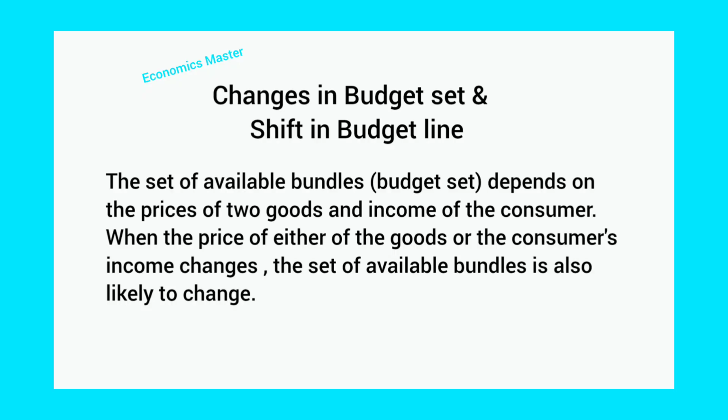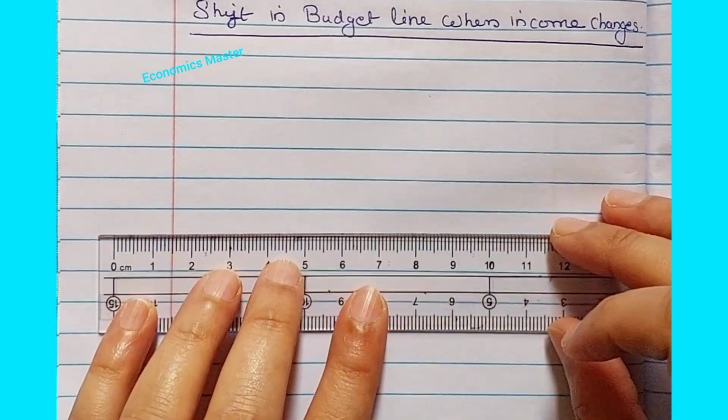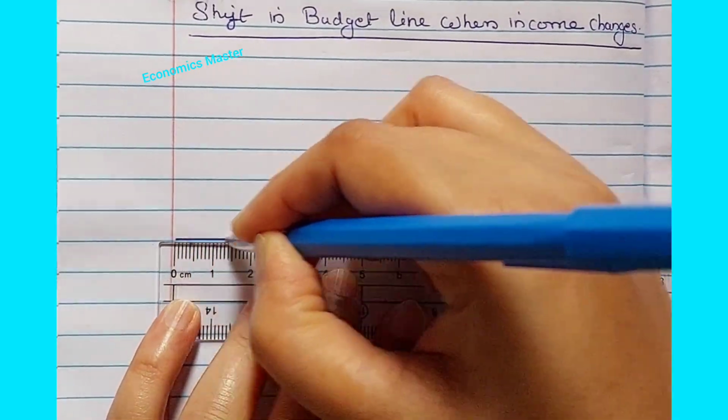Changes in budget set and shift in budget line. We already discussed that the set of available bundles, or budget set, depends upon the price of two goods and income of the consumer. When the price of either good or the consumer's income changes, the budget set will change. Shift in budget line when income changes.